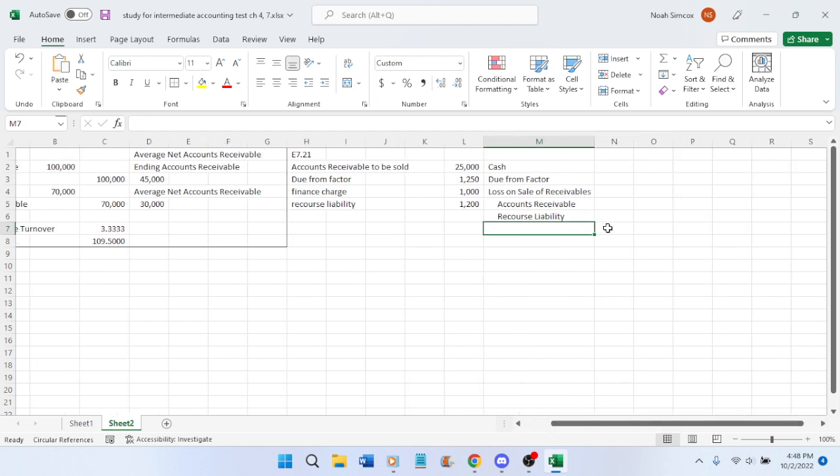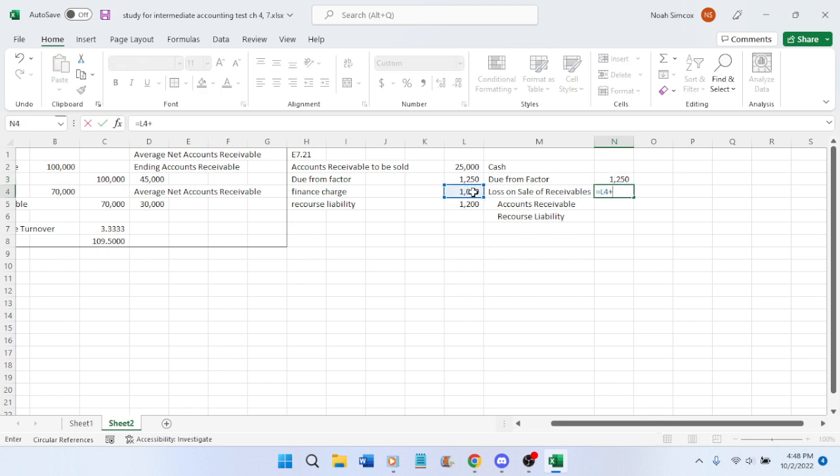So we know due from factor is 1,250. Now this is going to be equal to this plus this, and accounts receivable will be the 25,000. Recourse liability is 1,200. Oh no, I totally screwed up. These two are over here.